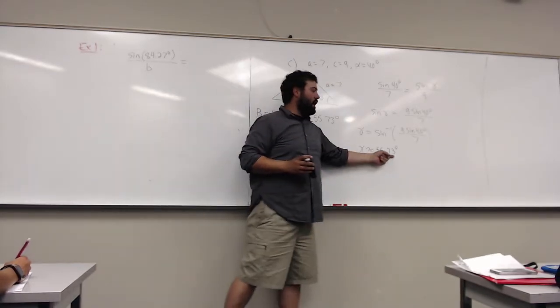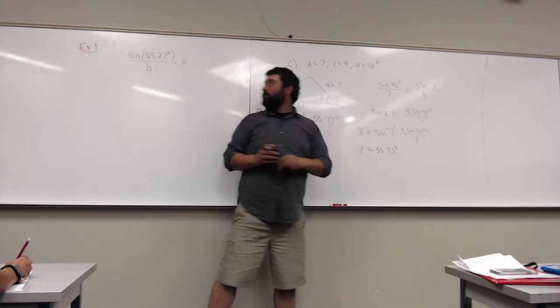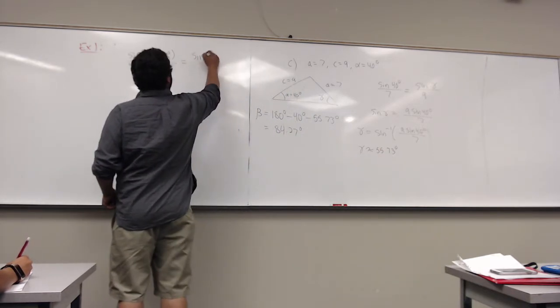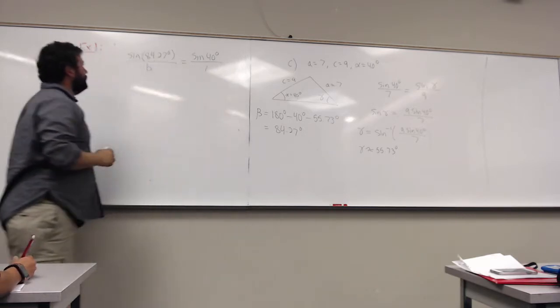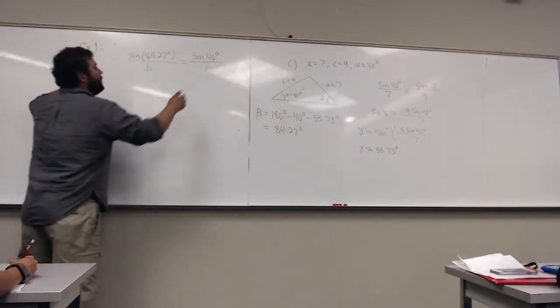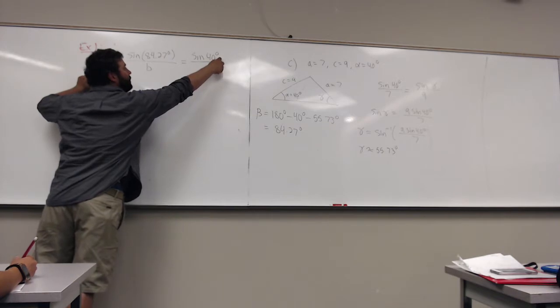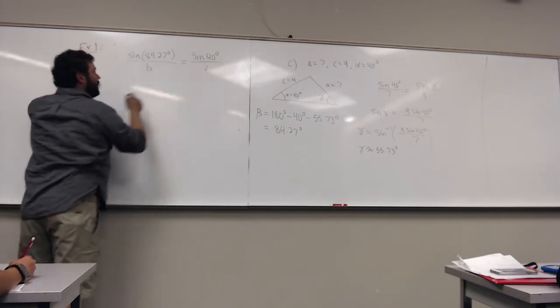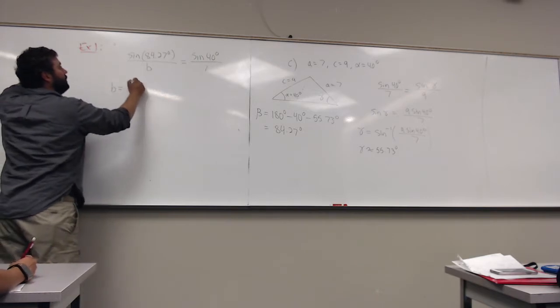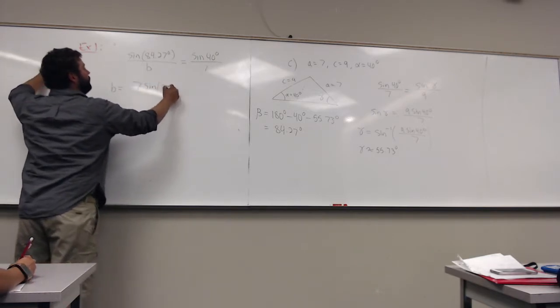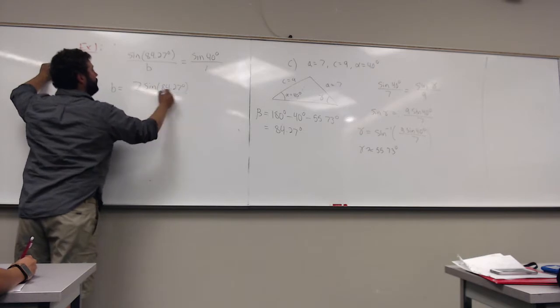Because this was an approximation, let's use the exact values, sine 40 degrees over 7. Then I'm going to multiply both sides by the reciprocal and move the b to the right. Multiplying both sides by b, you get b equals 7 sine 84.27 degrees all over sine 40.